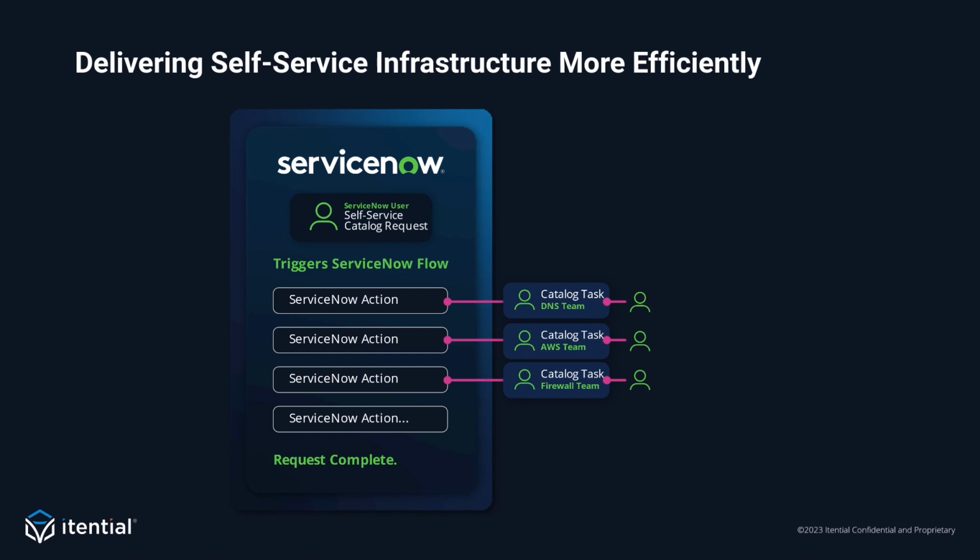Yeah, that's great, Ankit. And so just to summarize, you have a user requesting some sort of infrastructure service from a self-service catalog that exists in ServiceNow that is composed of three separate infrastructure resources, right? And in this example, DNS, some AWS and firewall teams have to do something.